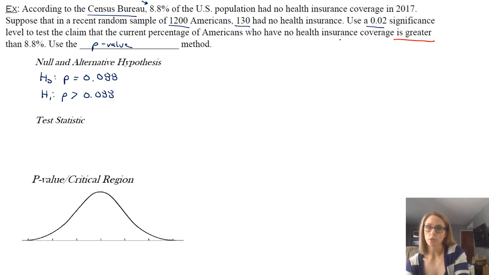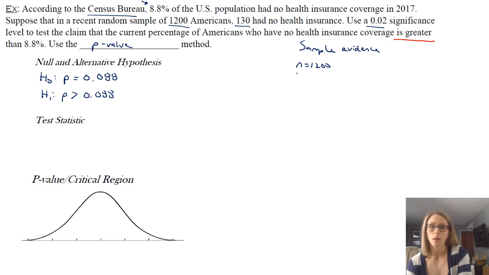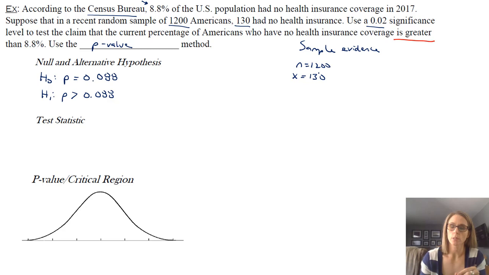Now, one thing that I do encourage students to do is, over on this side, to write their sample evidence. What we're given is that we had a sample of 1,200 Americans, so that's our n, our sample size. This is the same notation from chapter 7. x is how many of them had no health insurance. If we're thinking about the number of successes and failures, here success is the number that had no health insurance, so that's 130, and the complement of that, close to 1,100, have health insurance, and that's technically a failure just in the scope of this problem.